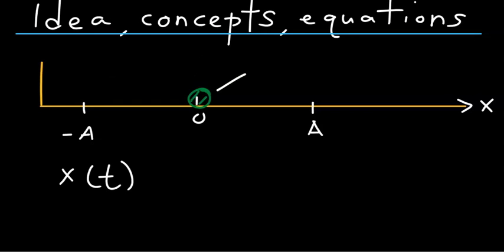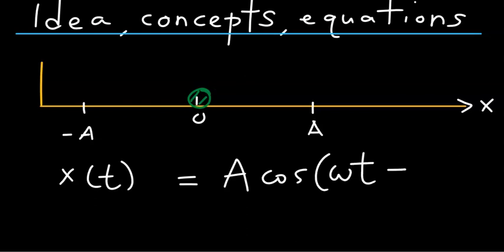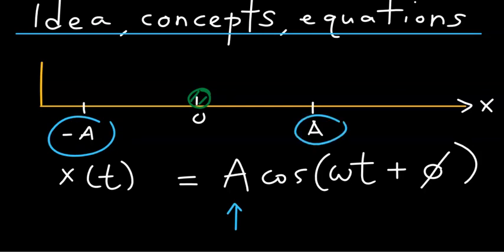The change of this object's x-coordinate as it moves back and forth can be written in the following manner: x equals a cosine of omega t plus a constant phi. Now this a here is known as the amplitude of this motion.